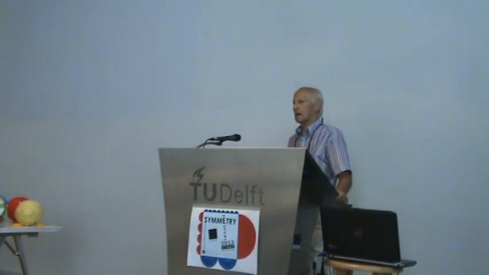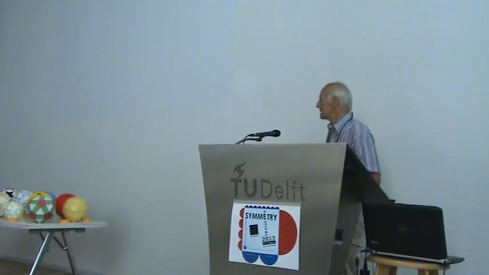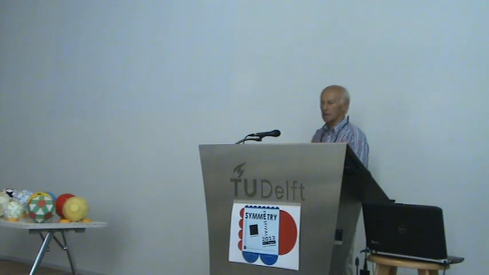You don't have an example of that ball here yet? No, I haven't got it. But in fact, what they do is they take a dodecahedron as an inner frame.